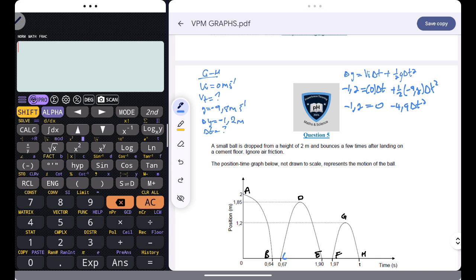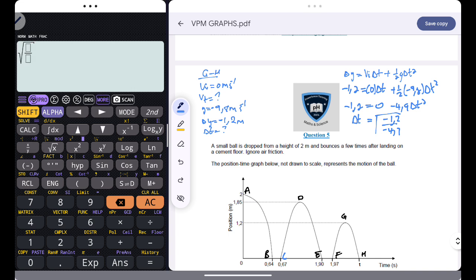So all I have to do is divide both sides by negative 4.9. Delta t squared is just negative 1.2 all over negative 4.9. If I want to remove the squared, I must just put square roots on both sides.